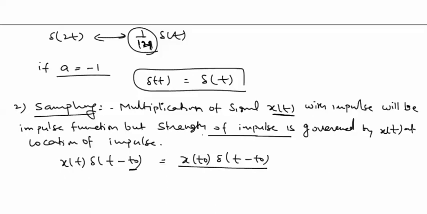The strength of the impulse is governed by xt at the location of the impulse. This property is used for solving some specific questions. I took some examples from the GATE paper and DRDO paper.